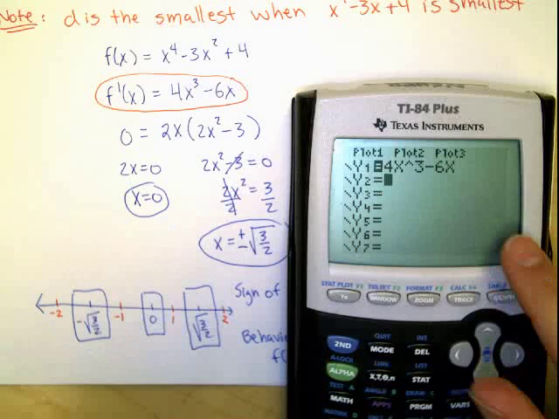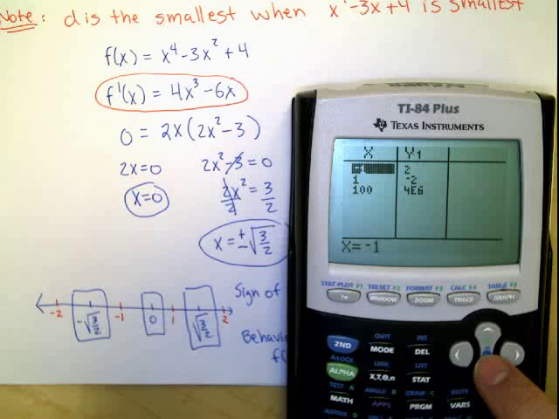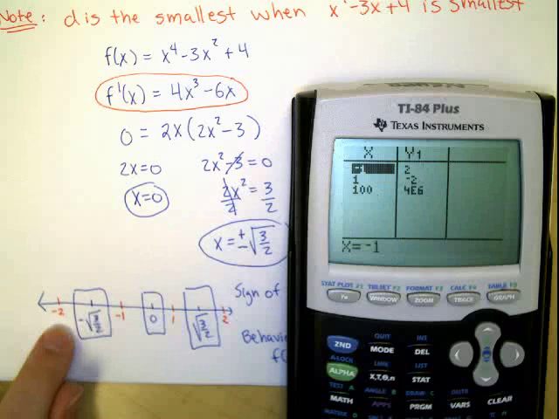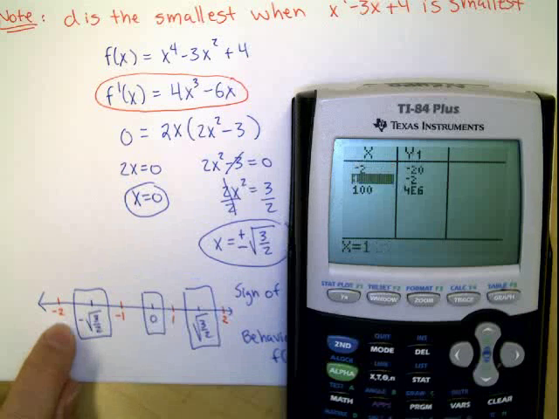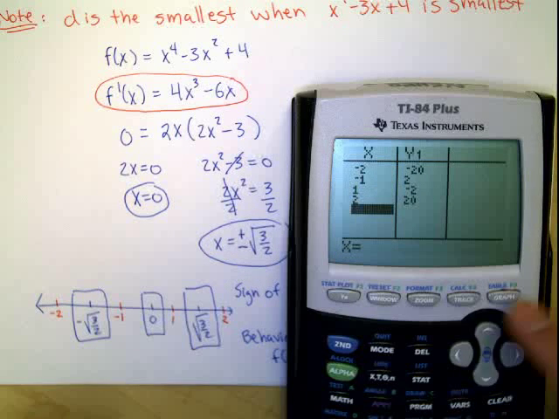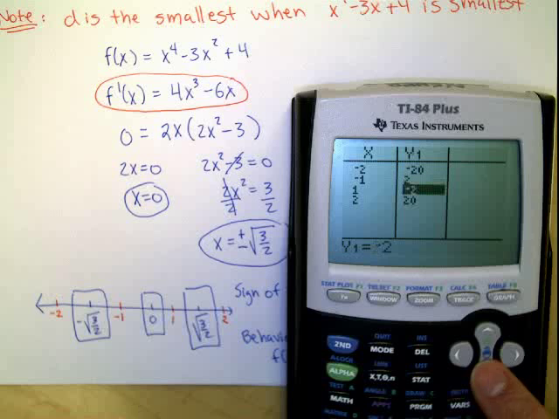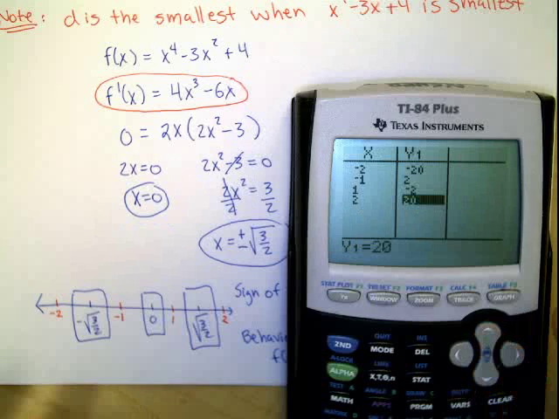I don't really care about the graph, but I could use the table feature. I could go second table and type in negative 2, negative 1, 1, and 2. And you can see right over on the side here, I get negative 20, positive 2, negative 2, positive 20.